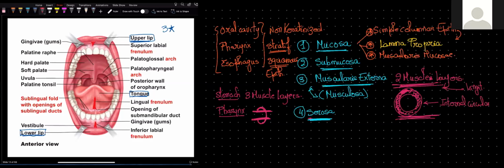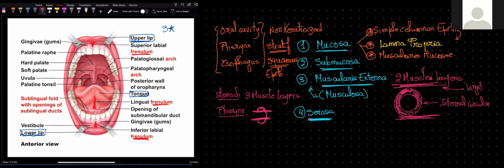The lower lip is attached to the mucous covering of the mandible. The tongue is attached to the floor of the oral cavity. So what do we call those mucous membrane attachments? Those are the frenulae. So you have a frenulum that attaches the upper lip, a frenulum that attaches the tongue, and a frenulum that attaches the lower lip.